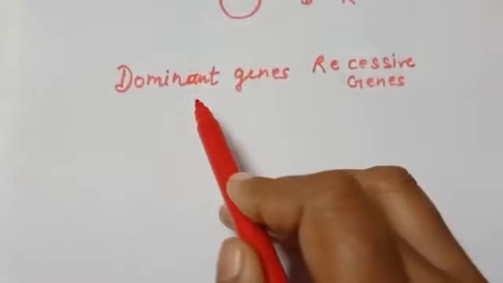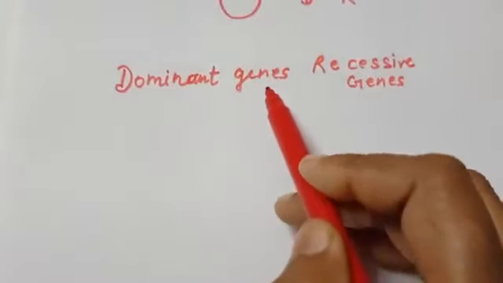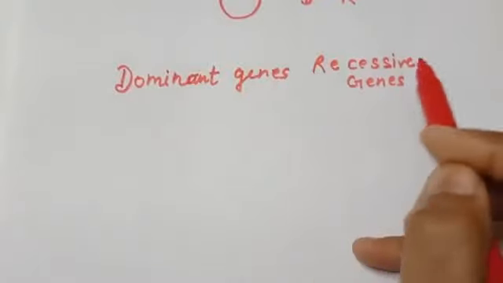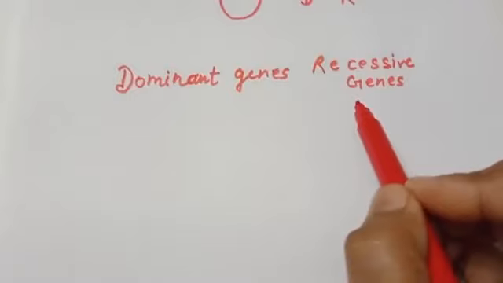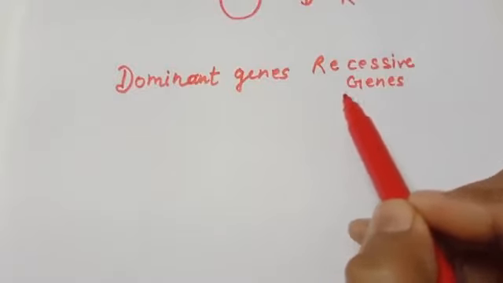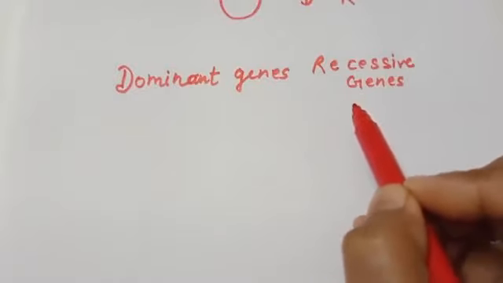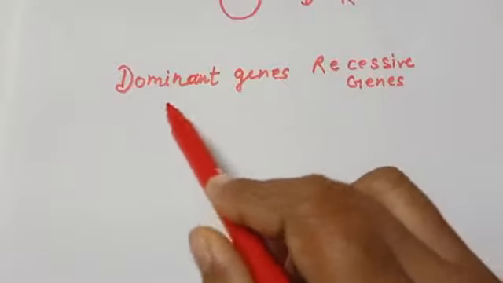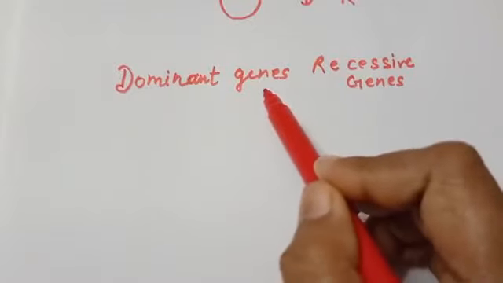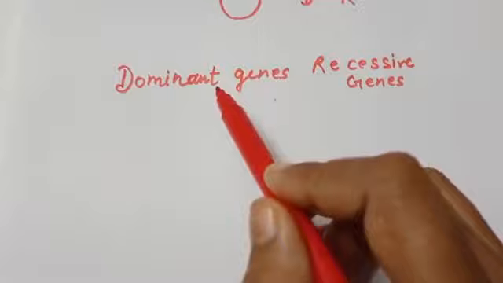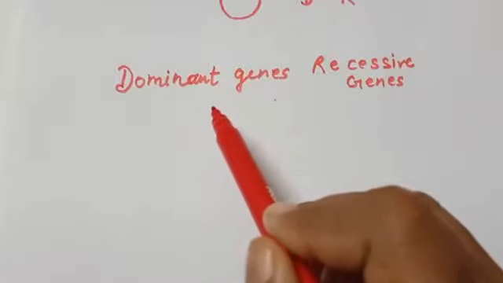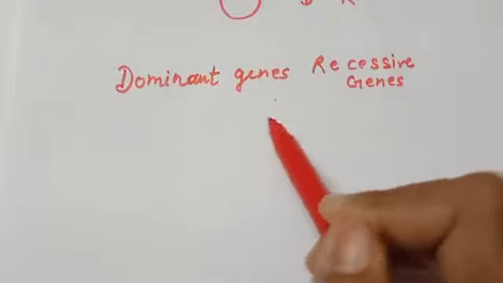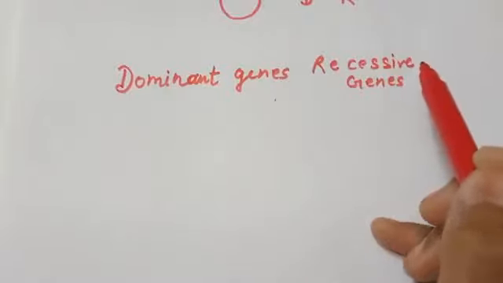The dominant one will always show its character, even in the presence of a recessive gene, and the recessive will display its character only in the absence of the dominant gene. So the genes which dominate others are dominant, and the genes which are dominated by others are recessive ones.